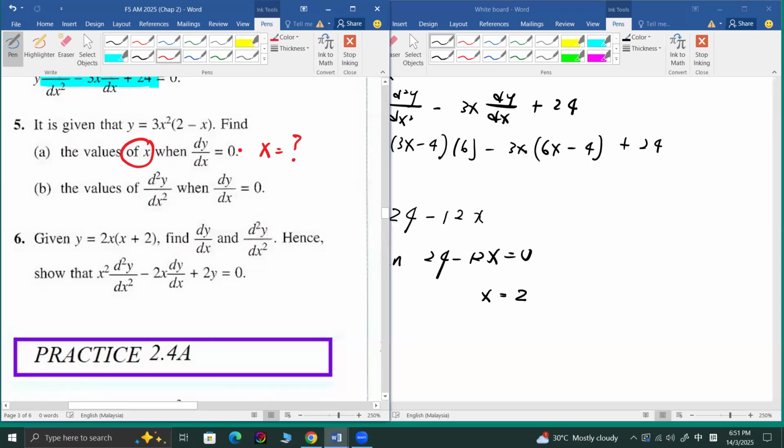Not only dy dx is 0, sometimes the question will say that dy dx is 1 or 2 or 3 or -1 or anything. You know that it's for you to find x. After you find x, you substitute into the second derivative to find the values. Got what I mean?